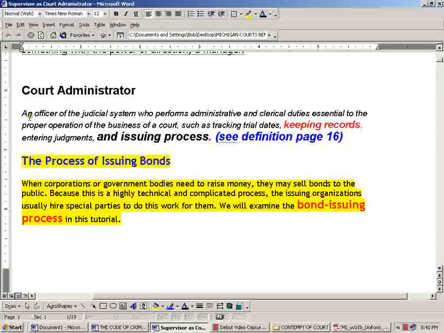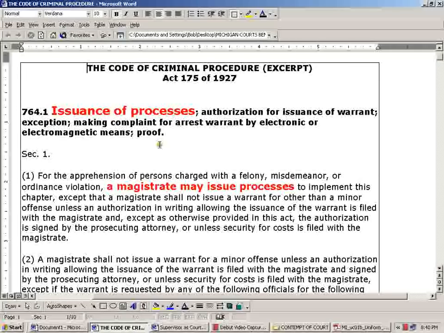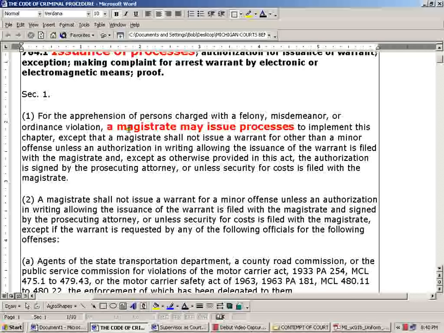An officer of the judicial system who performs administrative and clerical duties essential to the proper operation of business of the court, such as tracking trial dates, keeping records, the record, so order the record, entering judgments, and issuing process. And that's what we're talking about here in this Code of Criminal Procedure. Issue of process. Court administrators can do it. So when it says a magistrate may issue process, you can just say, well, a court administrator may issue process.